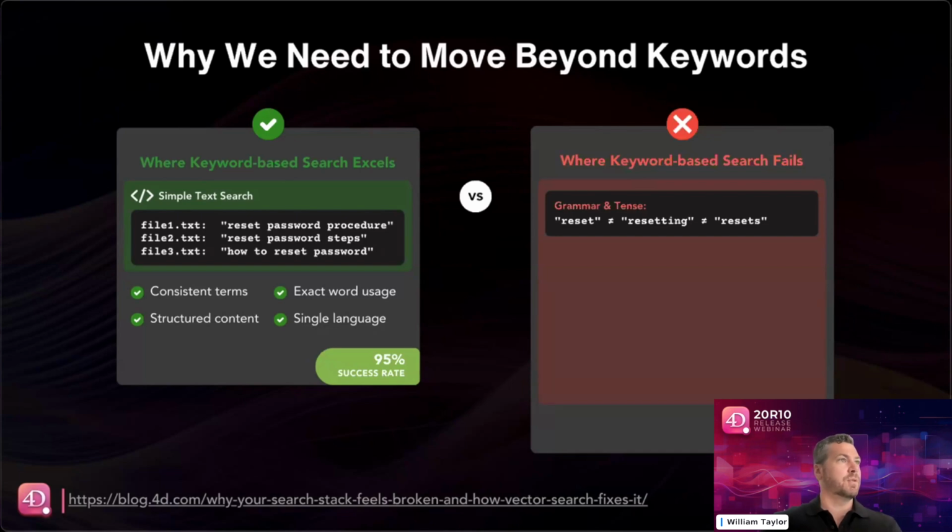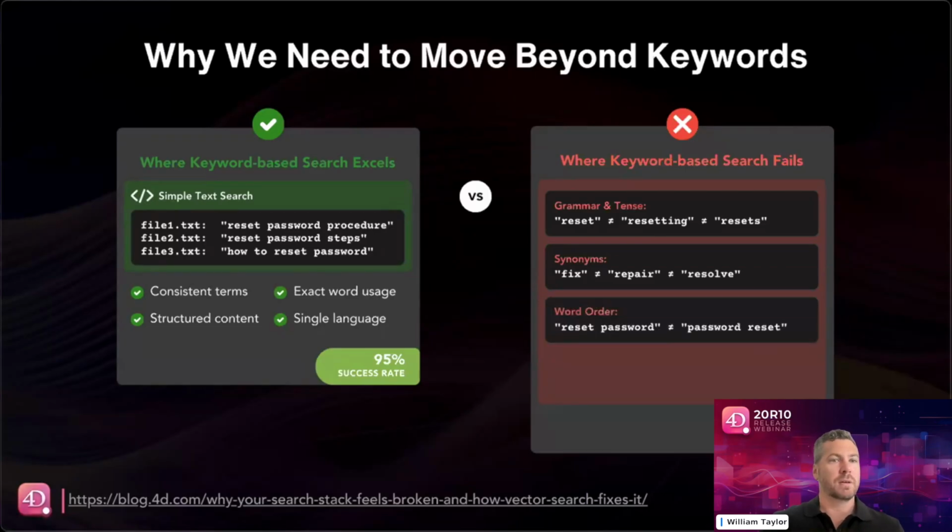So for example, if you're looking for text in your application in a document that says reset password, but you type resetting password or resets password, those don't match. If someone wants to write fix password, repair password, or resolve, the query gets lost.